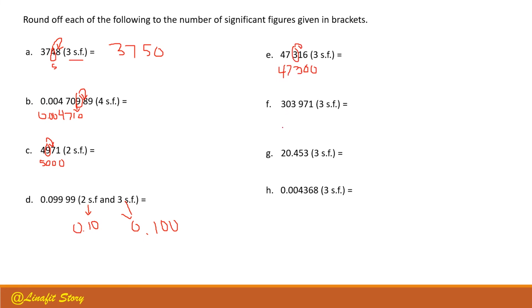Next, 303,971 to 3 significant figures. 1, 2, 3. After 3 is 9, so round up. 3 plus 1 is 4. So the answer is 304,000.